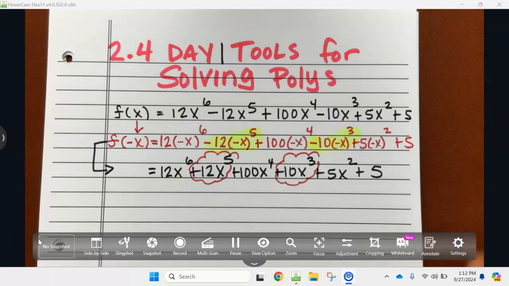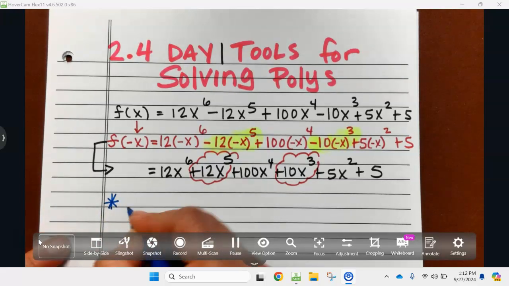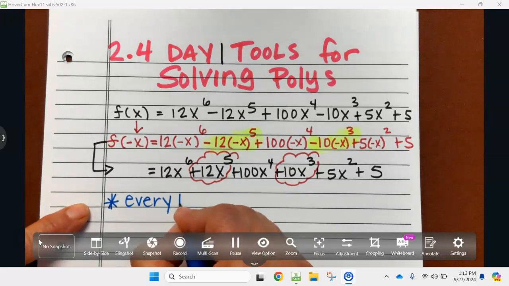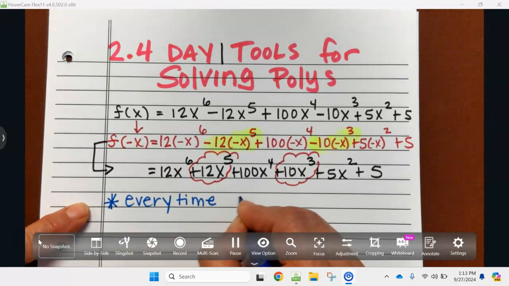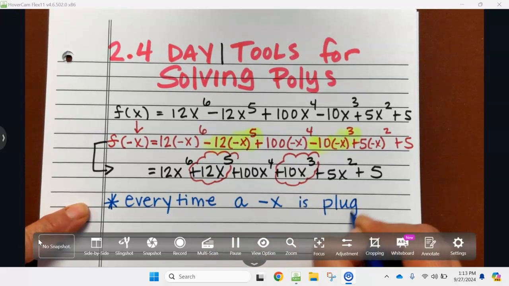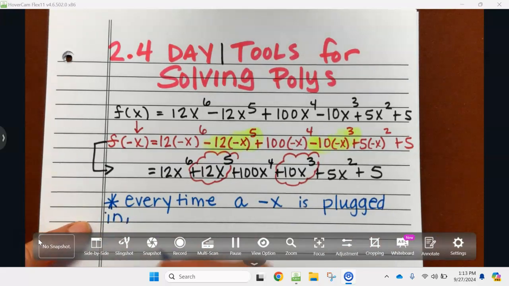So the general rule to make what we're doing today really simple is to remember, and this is where you pick up your pencil and start writing, please: every time a negative x is plugged in, the entire term changes signs if the exponent is odd.